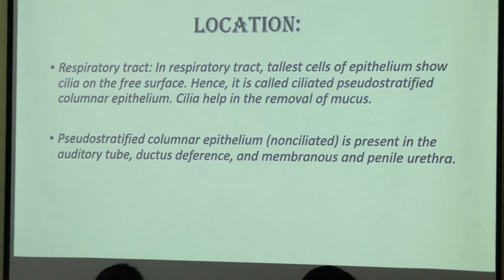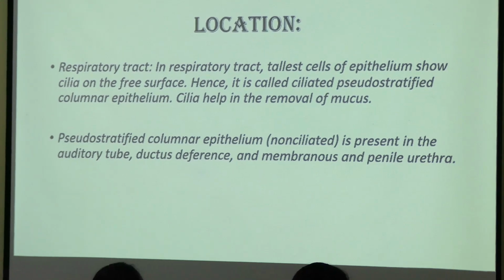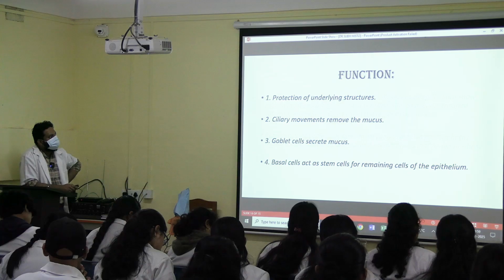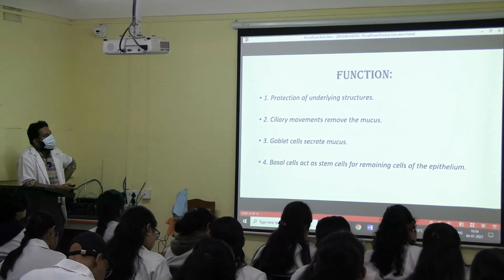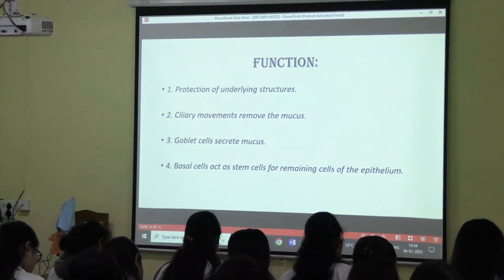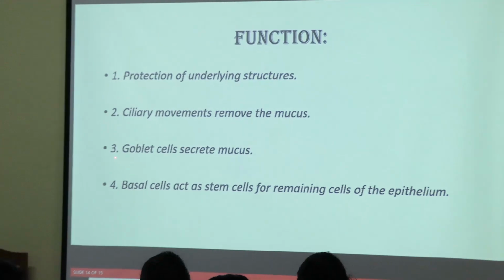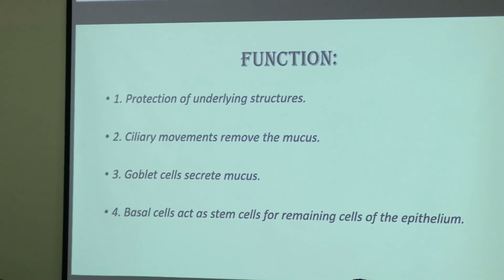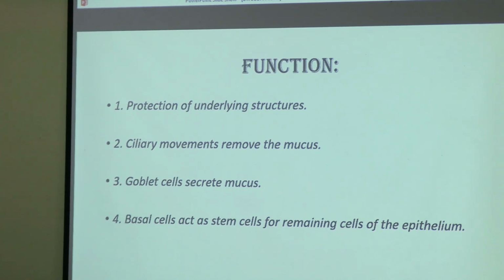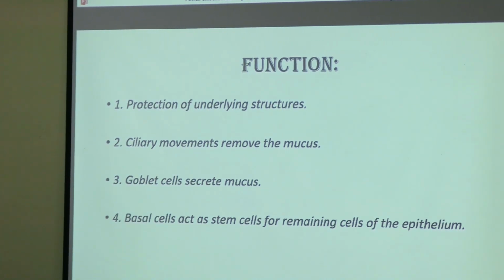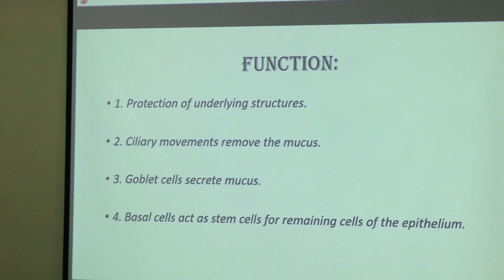Know the function. Protection of underlying structure. Again, ciliary movements remove the mucus. Goblet cell secretes mucus, and basal cells act as stem cells for remaining cells of the epithelium.